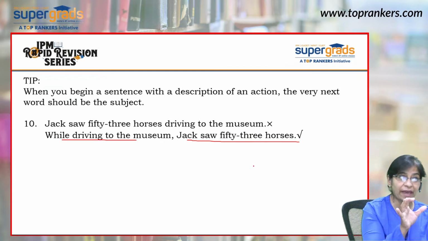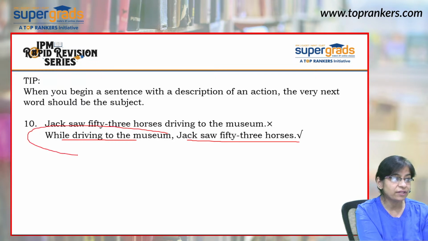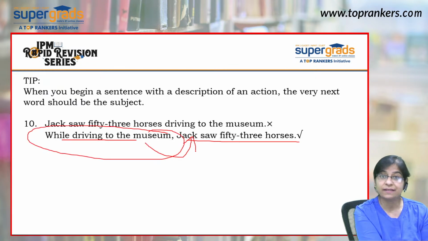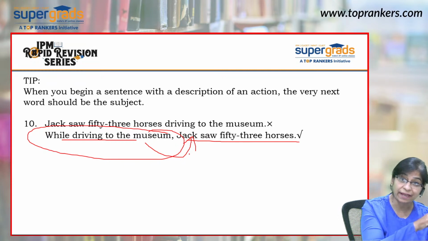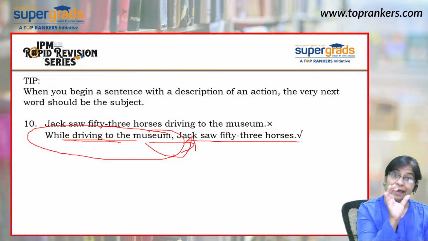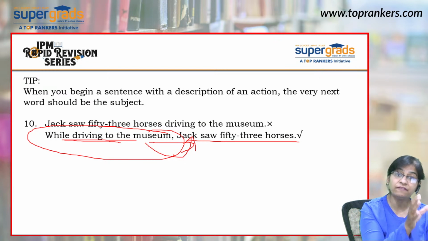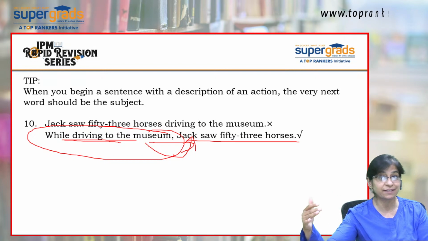Now look at the structure a little carefully. While driving to the museum is a modifier that best modifies the word Jack, because who was driving to the museum? It was Jack. So I placed this expression closest to Jack, right? And one more thing, whether we have a modifier in the sentence or not, it doesn't really affect the structure of the sentence.